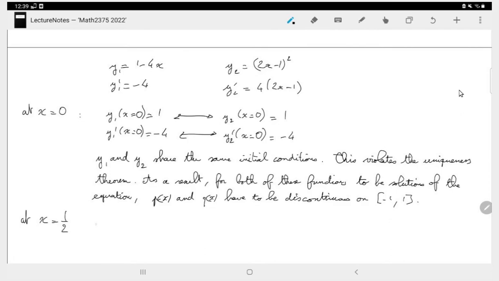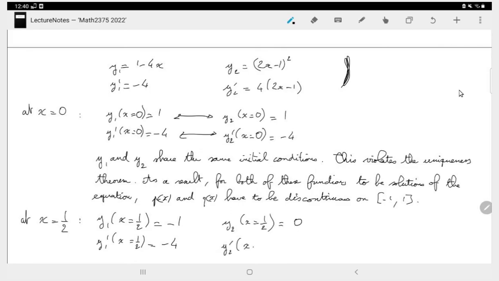So let's have a look at what these initial conditions would be at x equals 1/2. y1 at x equals 1/2 is minus 1. y1 prime at x equals 1/2 is minus 4. y2 at x equals 1/2, so I'm looking again at the definitions of these functions, is 0, and y2 prime at x equals 1/2 is 0 as well. Okay?